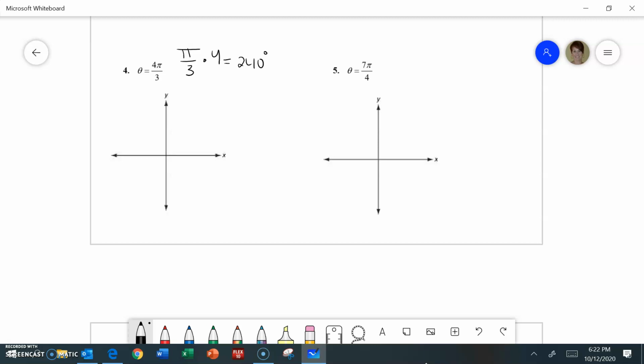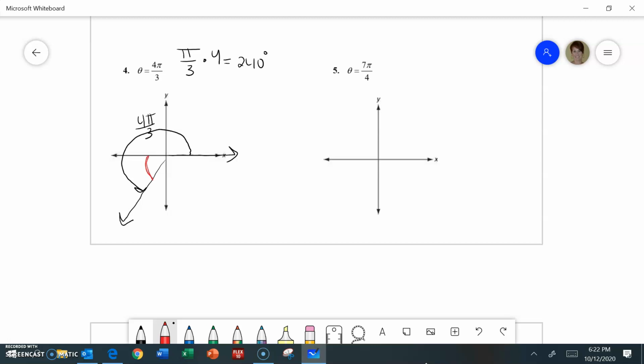So if you walk yourself around the coordinate plane, you're going to go counterclockwise to 240 degrees. That would put me in quadrant 3. So if this is 4 pi over 3 radians, our reference angle, remember, has to be between the terminal side and the x-axis.